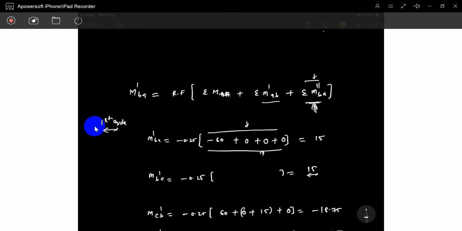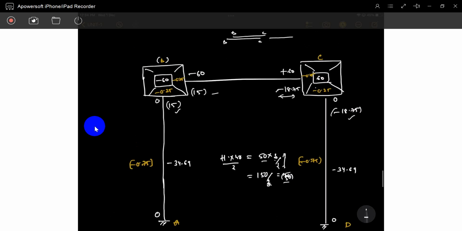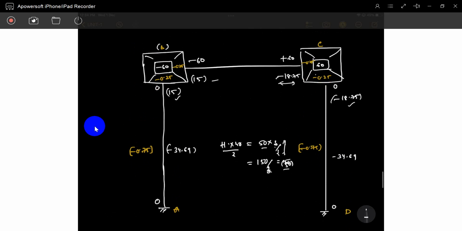Translational contribution. Are you understood? Now the translational contribution comes into the picture. Translational calculation is already calculated, no? This is the sum of the translational contributions: BA, BC, everything. BA has 13.47. For BC, there is no translational contribution, there is no displacement.